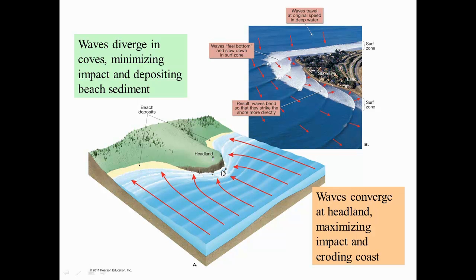On the other hand, the headland, which projects out into the water, the headlands do not have a beach. And that's because waves converging at headlands are maximizing their impact and as such are eroding the coast.